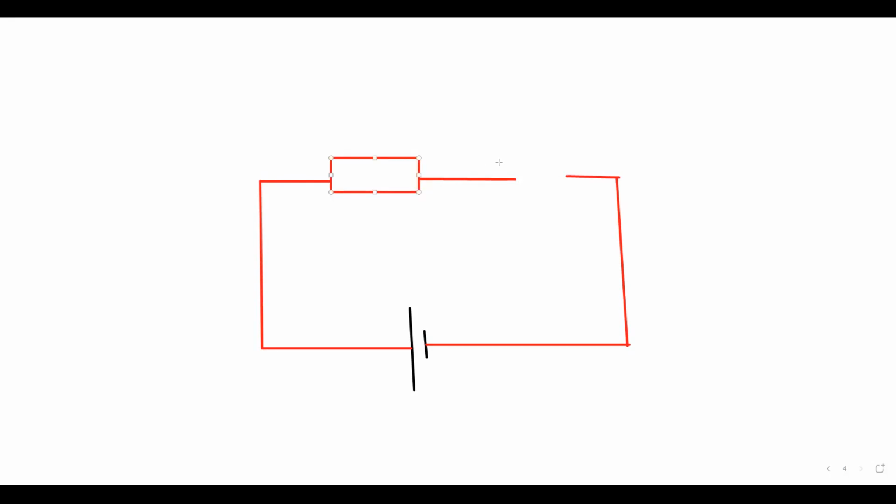It can be any component. Like for example, here in this example we have resistors. Two resistors are there, named R1 and R2, and the battery is labeled 10V. What is labeled on the battery or the cell is known as the EMF. So what is the EMF? Electromotive force. It means it is 10 volts.